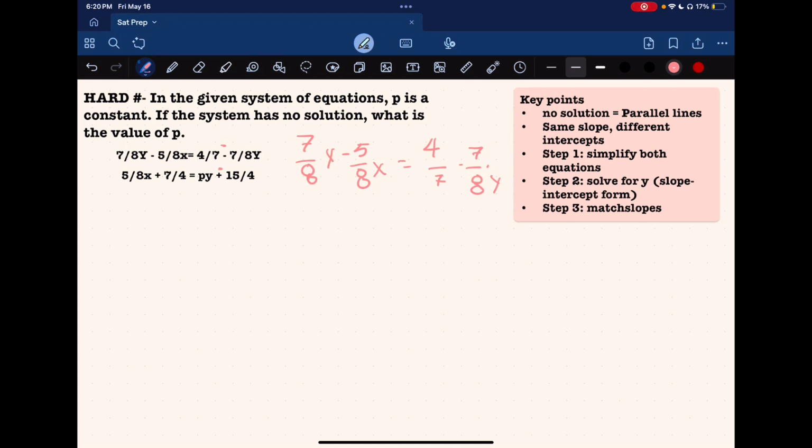And then I got 14 over 8, but that can simplify. So it would be 7 over 4 y minus 5 over 8 x equals 4 over 7.